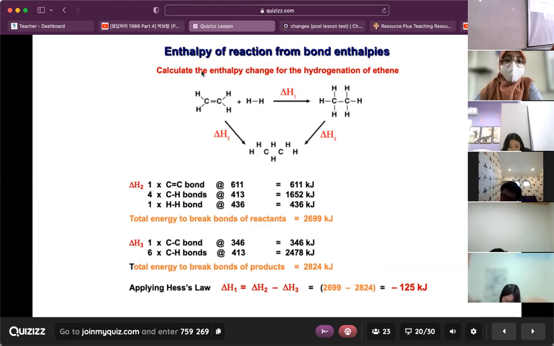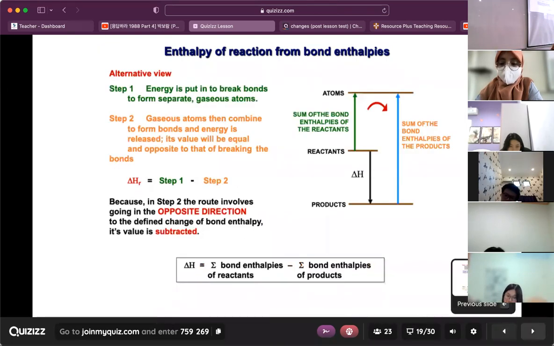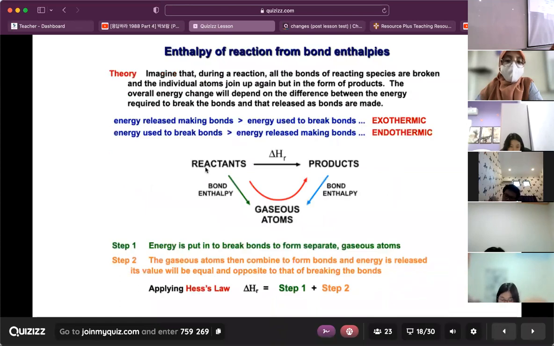Okay, so from this information, you can calculate how this one becomes this one. So the total bond enthalpy here minus the total bond enthalpy here. And what does it mean here? C and hydrogen without bonding, so this one is the atom. Remember the previous one, gaseous atoms. According to Hess's Law, reactants will become gaseous atoms and then products.